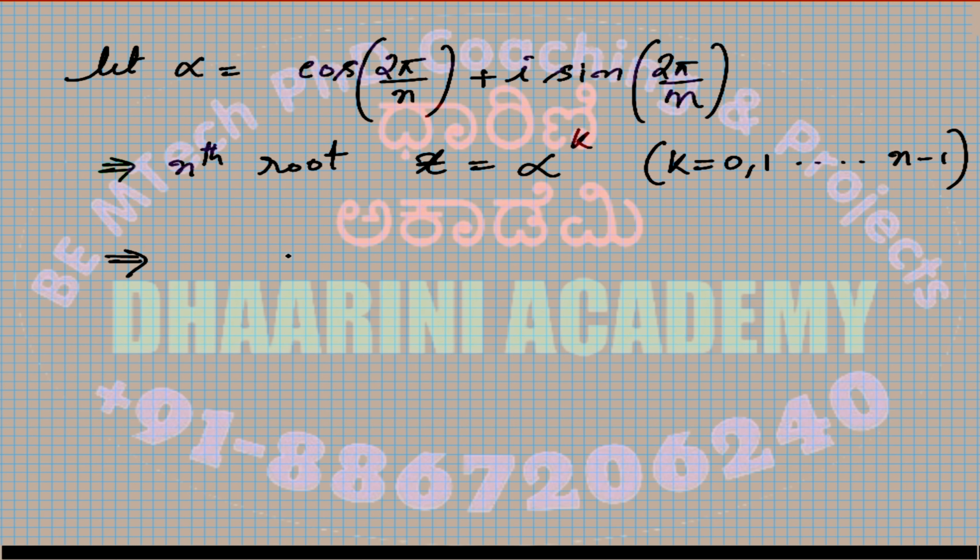When you put k equal to 0, x becomes alpha to the power 0, which is 1. When you put k equal to 1, x is equal to alpha. When k equals 2, this becomes alpha square. The last term is alpha to the power n minus 1.